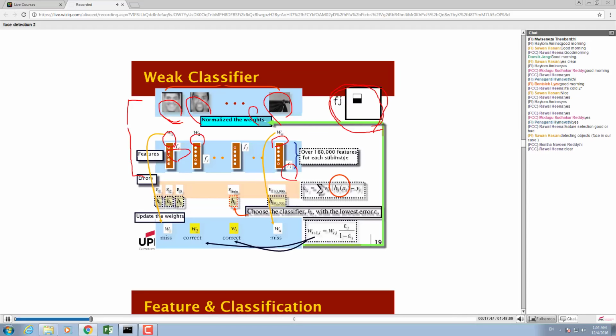One important thing you have to remember is the index, because we have multiple dimensions. We have many samples, normally tens of thousands: thousands of positive samples and more than 10,000 negative samples.